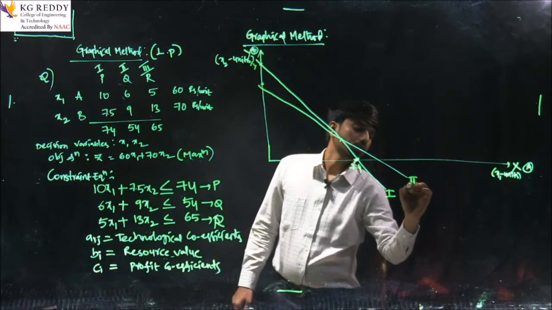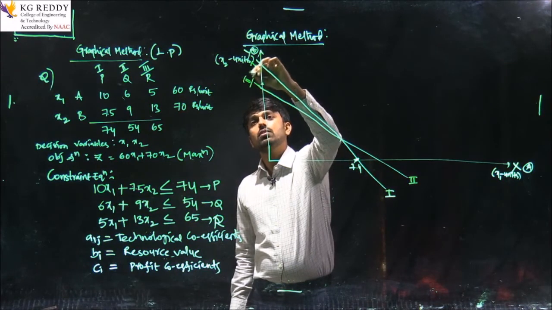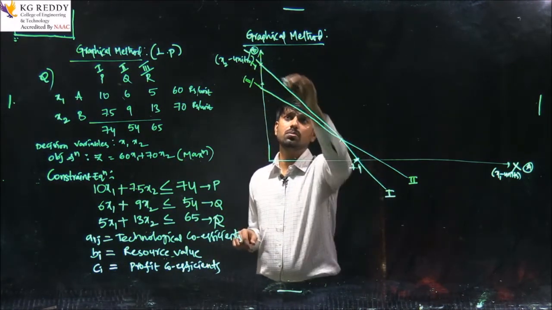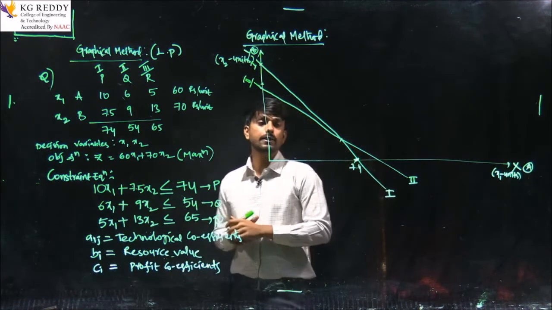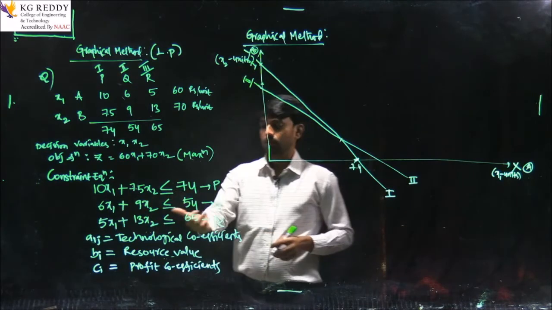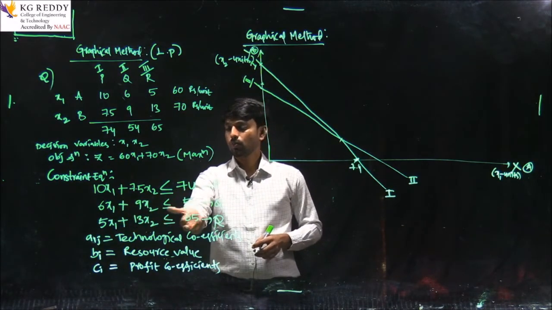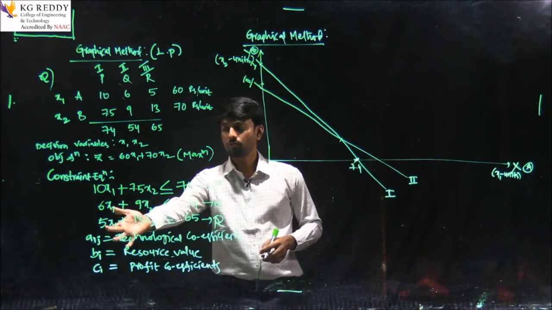This is equation 2, for machine Q. This is the intercept with two equations' straight lines. Now the third equation. If you bring it out here, 65 divided by 5, 13.